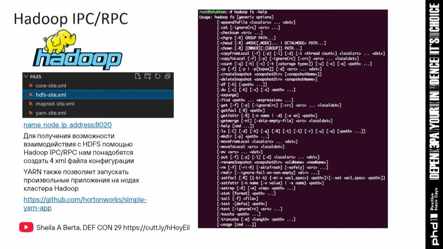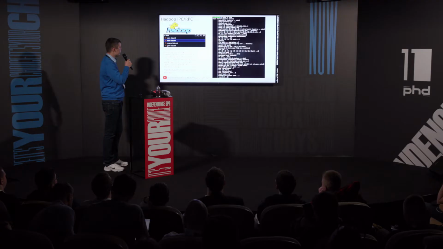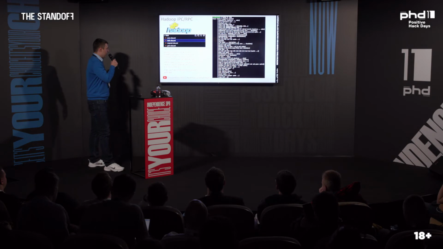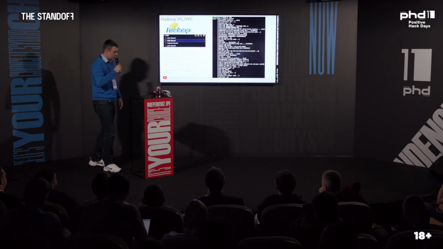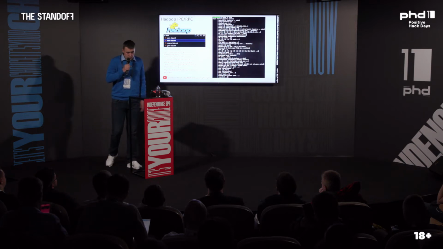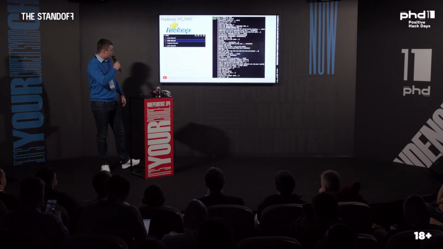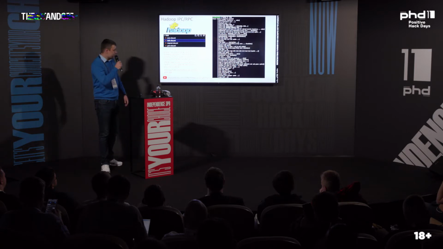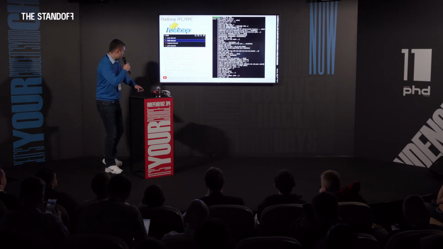Now, let's see how we can exploit its misconfigs with Hadoop IPC RPC, the protocol by which we interact with name nodes of Hadoop at port 8020. To get access to HDFS by the use of this protocol, we just need to craft 4 XML files. If authentication is not implied, we can interact with the file system directly.